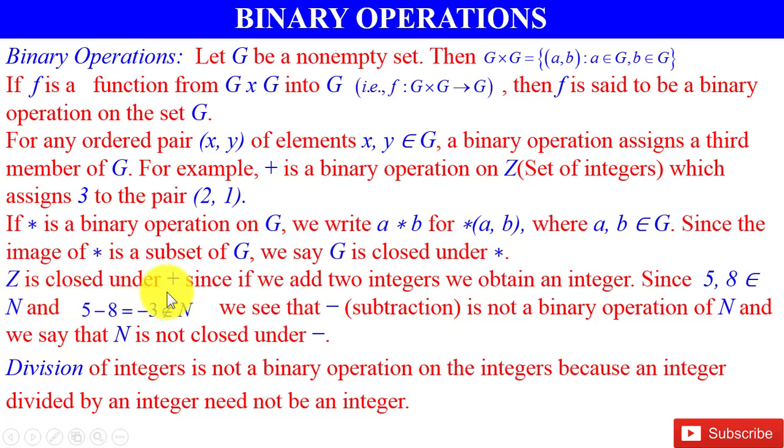Z is closed under addition, since if we add two integers, we obtain an integer. Since 5 and 8 belong to N, and 5 minus 8, which gives minus 3, is not a member of N, we see that minus is not a binary operation on N, and we say that N is not closed under subtraction.